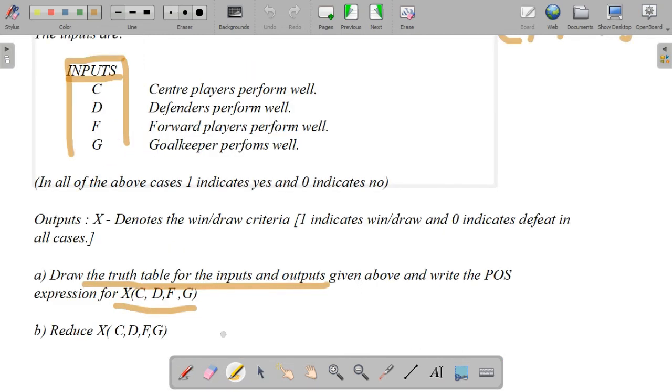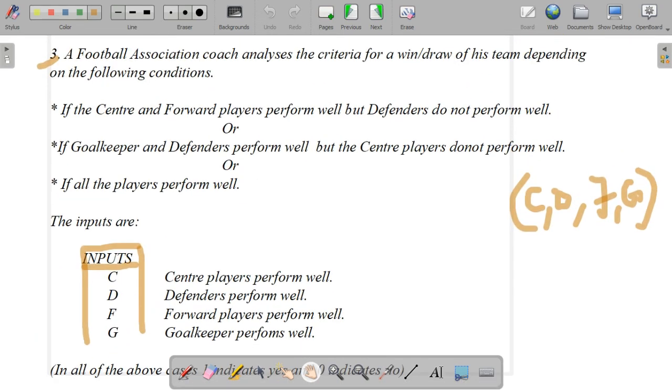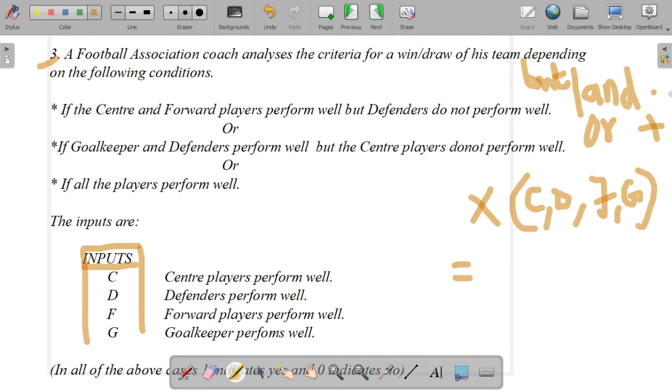First we form an expression, then we have to draw the truth table. So here you remember, and is indicating which operator? Dot operator. Or is indicating plus operator. And or but, both are indicating dot. So how will we create an expression for this?